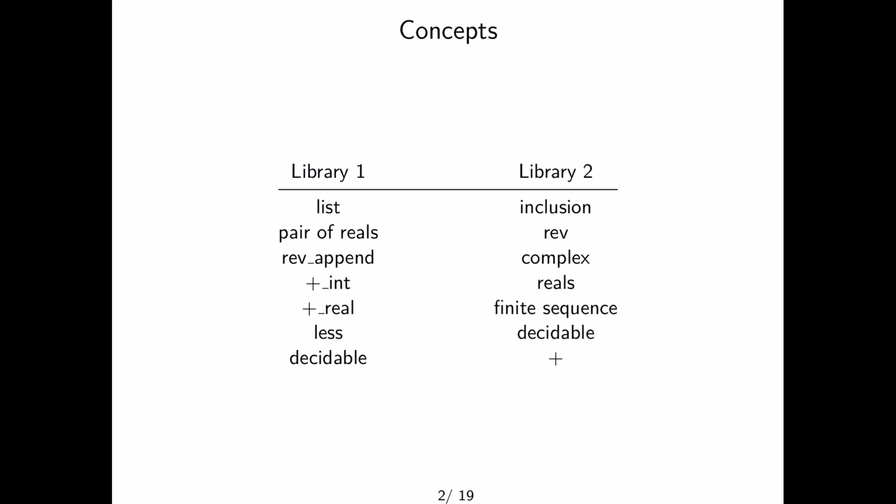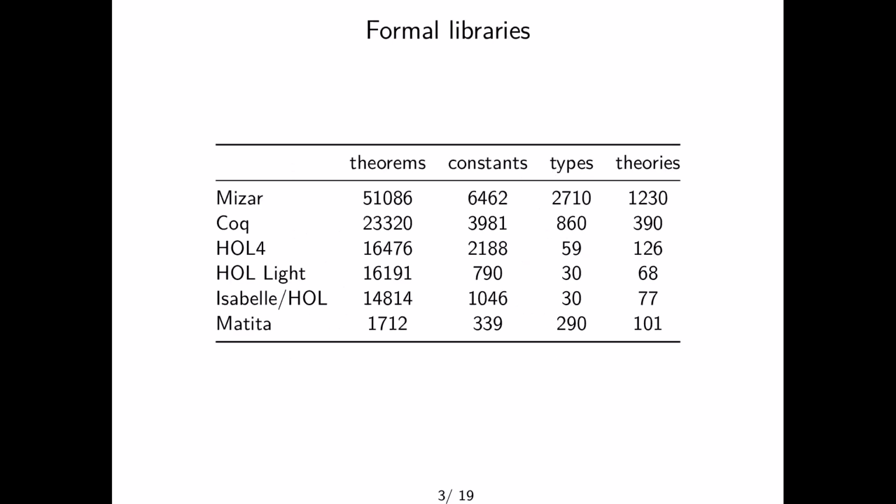And this algorithm, let's see which libraries we are considering here. So we have here a list of 6 different libraries: Weezer, Coq, HOL4, HOL Light, Isabelle/HOL, and Matita. And here is just a sample of all the theorems I could gather from each of those libraries.